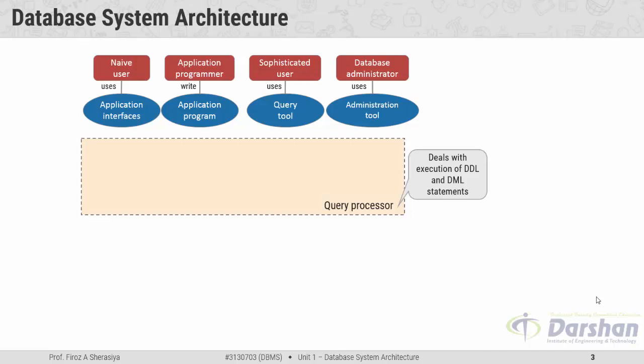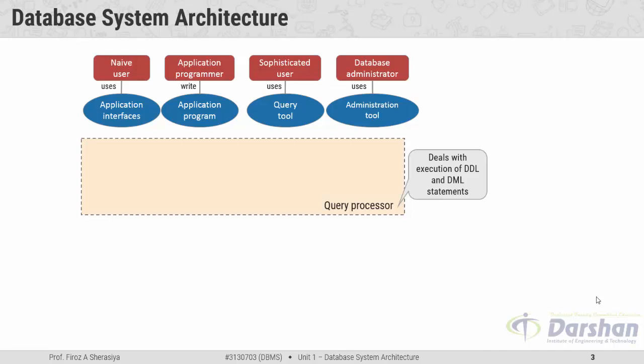Now the question comes in our mind, what is DDL and what is DML statements? So first of all, the full form of DDL is data definition language. The queries which are used to define the structure of database, or we can say structure of table, come under DDL statement. Examples of DDL statement are create, alter and drop.